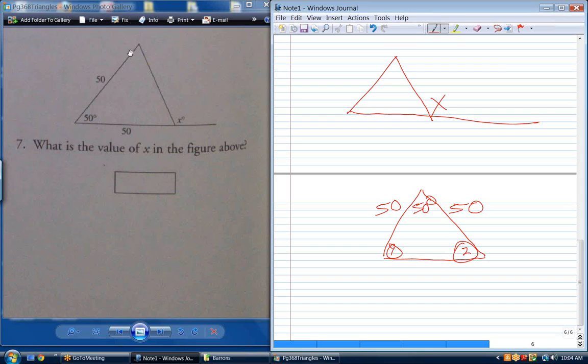In other words, all I did was rotate it so that it was more recognizable as an isosceles triangle. Yeah. The fact that they have it laying on its side makes it tougher to see. But if that's 50 and that's 50, it's isosceles, which means that angle is equal to that angle. We can solve, they're each 65.